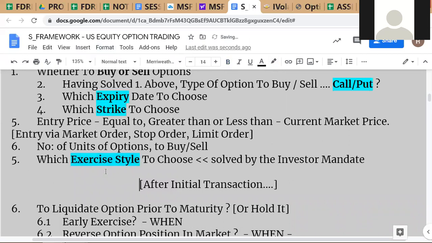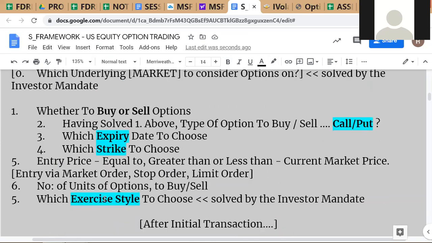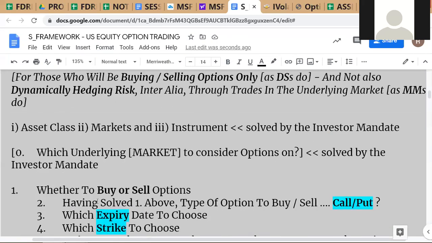This also is an additional decision problem technically, but the reason I've said it's solved by the investor mandate, because remember where this comes from, is that whether the options are American, European, or Bermudan is actually decided by the market convention.